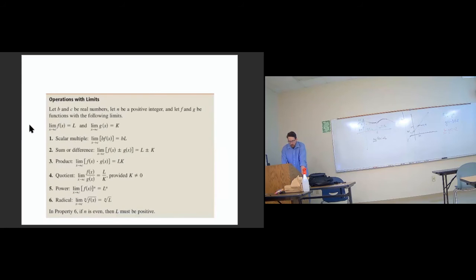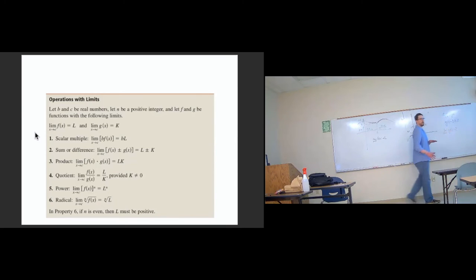Now, how do operations work? Well, generally, we're going to preserve most of the things that we would expect to preserve. If we're going to multiply a function by a constant, the limit is just going to come out to be the limit of our function times that constant.